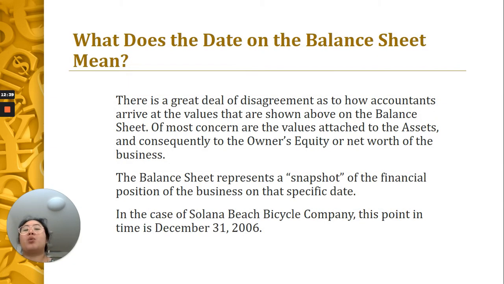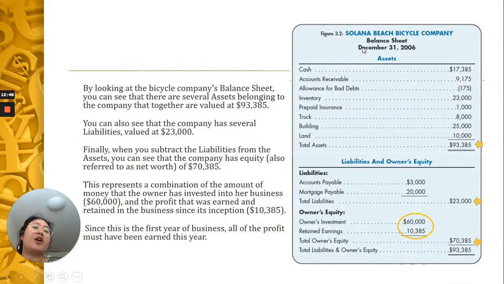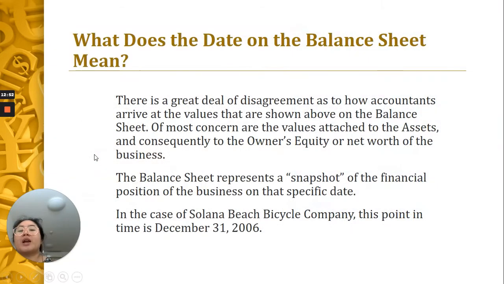So what does the date on the balance sheet mean? What does 31st of December 2006 mean? There is a great deal of disagreement as to how accountants arrive at the values shown on the balance sheet.